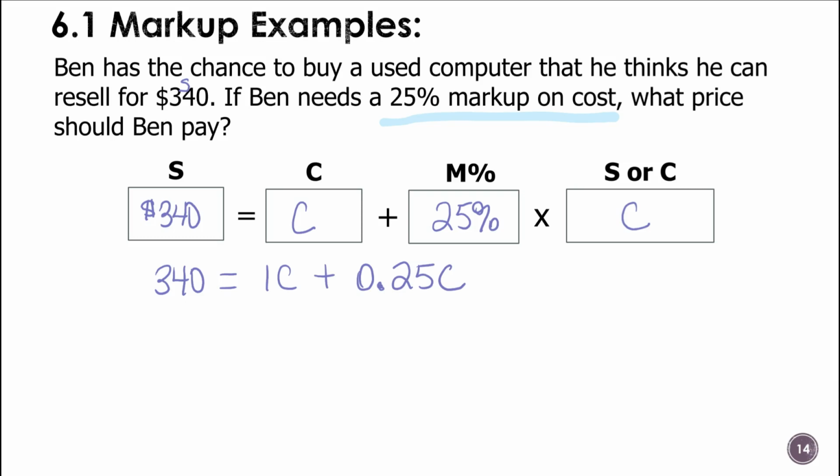In the book it would have this like 100% C plus 25% C. And you know, there's good and bad in either one, I guess, as far as understanding. So we're going to add the C's together. They're on the same side, so that's going to be 1.25C. And then to solve, we divide by the 1.25. And we find that C is $272.